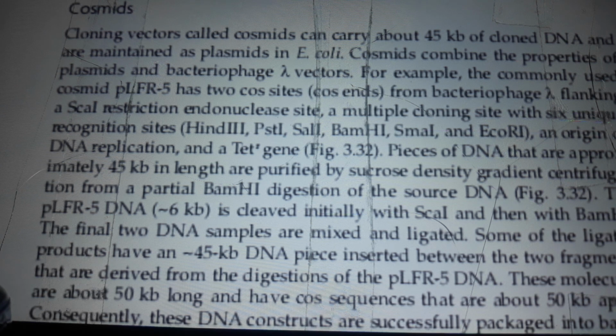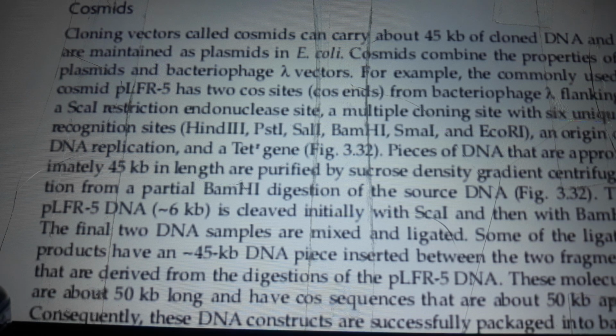For example, the commonly used cosmid pLFR5 has two cos sites from bacteriophage lambda flanking a ScaI restriction endonuclease site, a multiple cloning site with unique recognition sites for HindIII, PstI, SalI, BamHI, SmaI, and EcoRI, an origin of DNA replication, and a tet gene, as seen in figure 3.32.